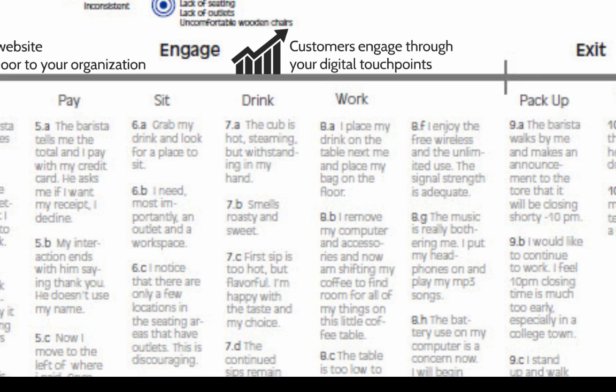And we want to think about that with our own customers when they start to engage with our websites and through our digital touch points. Do we have something like an online chat feature where people can ask a question online and talk to someone via the chat and get their answer? Or, does that chat feature work? So somebody types this question in the box. Is there a real person there to answer it?